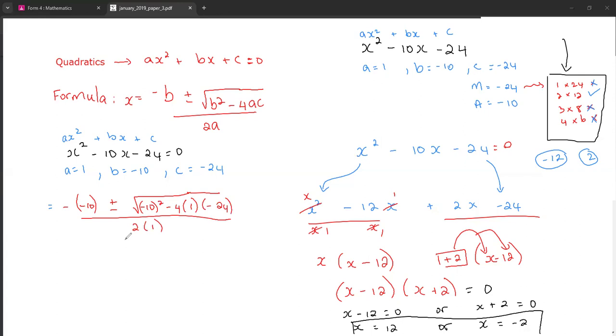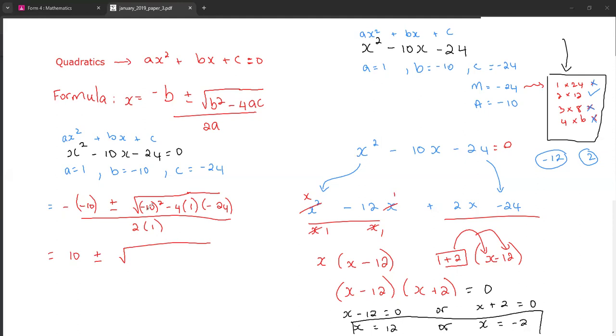Then we're going to solve following our rules of BODMAS. Negative of negative 10. Anytime you have two same signs back to back, remember it becomes a positive. So negative 10 becomes positive 10. Plus or minus the square root of negative 10 squared.